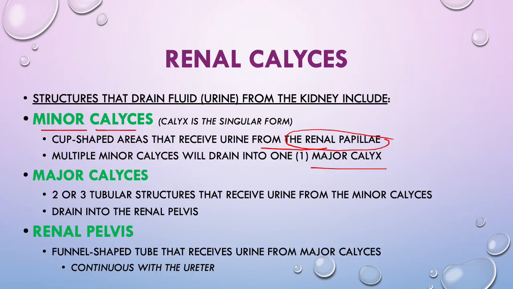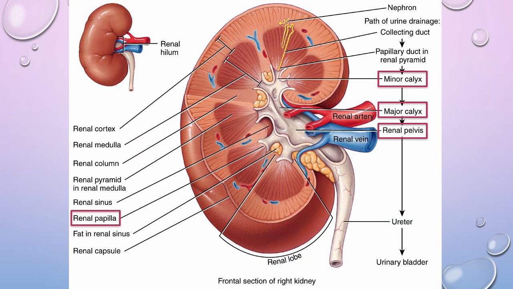The major calyces are 2 or 3 tubular structures that are going to receive the urine from the minor calyces, and then these guys are going to drain into the renal pelvis, which is that funnel shape that receives everything from the major calyces, and then is going to drain finally to the ureter, right? And we see it here. So we start from the minor, major, pelvis, and then finally ureter, and then to the bladder, and from the bladder to the urethra, right?